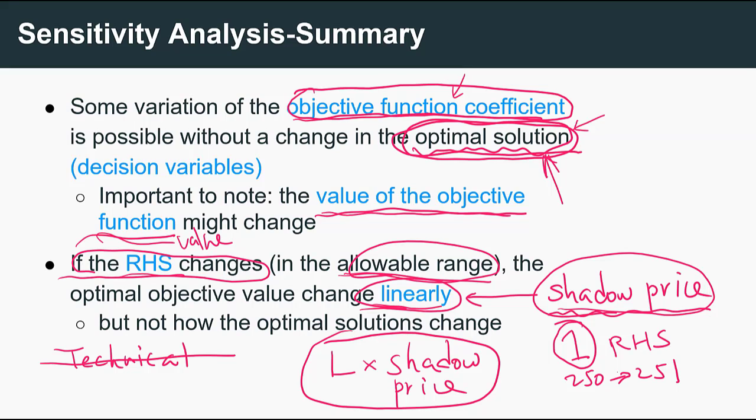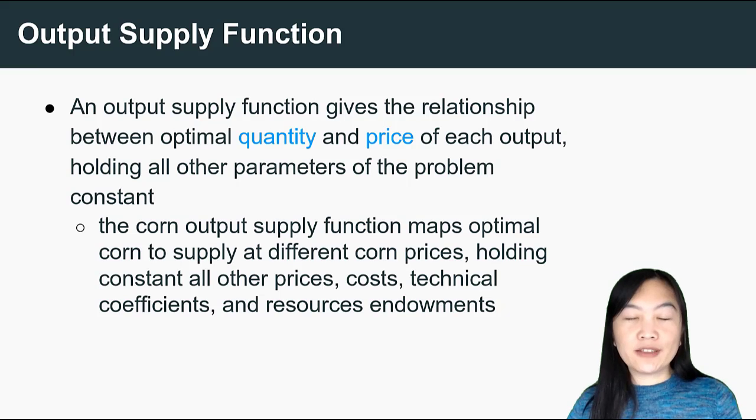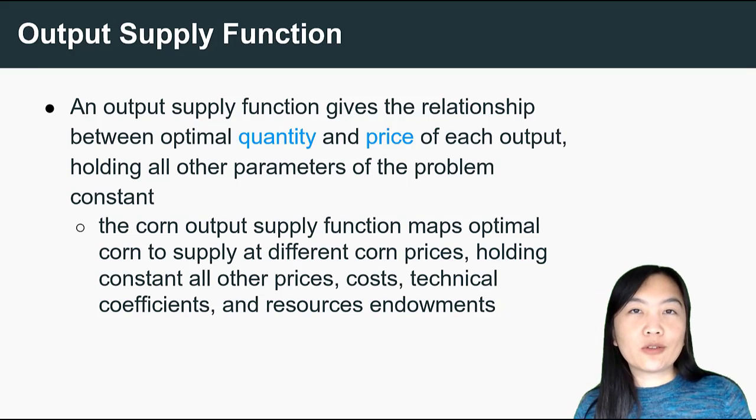First, you need to differentiate between the optimal solution and the optimal objective function value. And then you also need to be careful about whether it's a change in the right-hand side value or a change in the objective function coefficient. That's pretty much the sensitivity analysis that I want to share with you for this course.